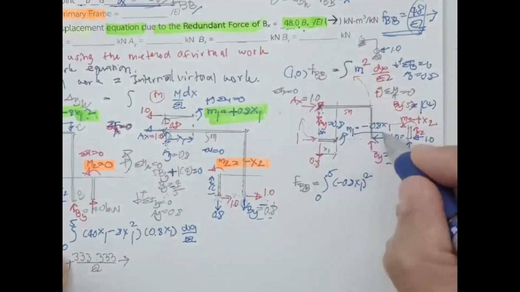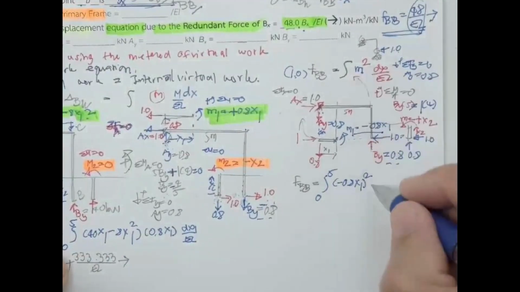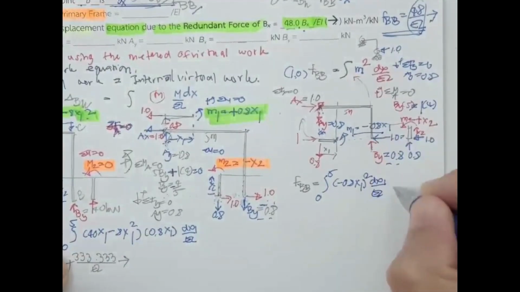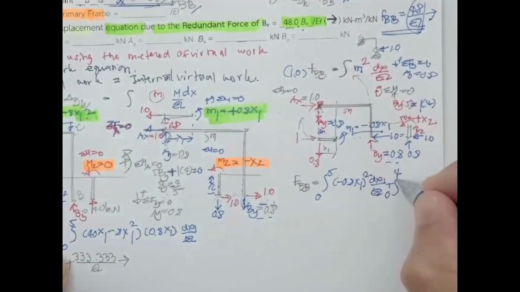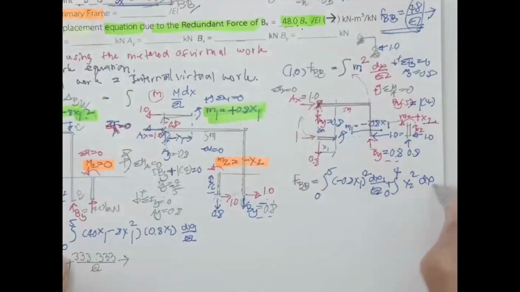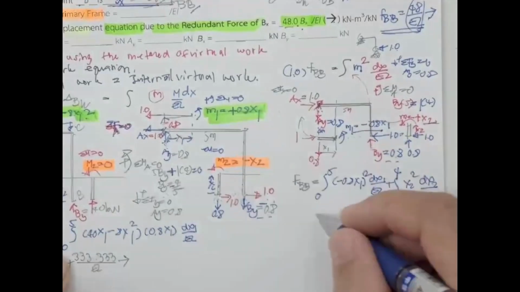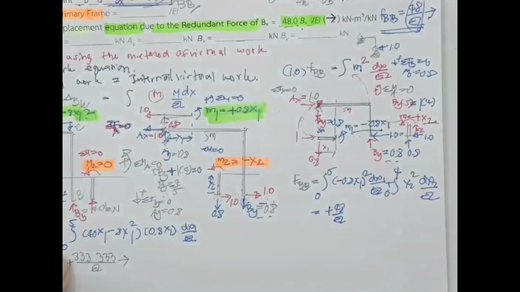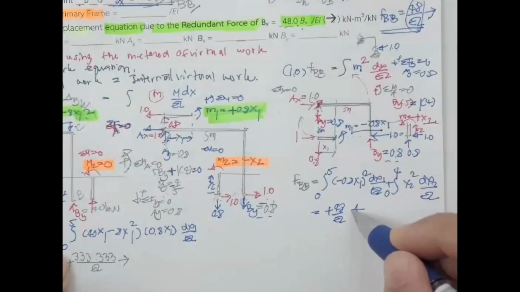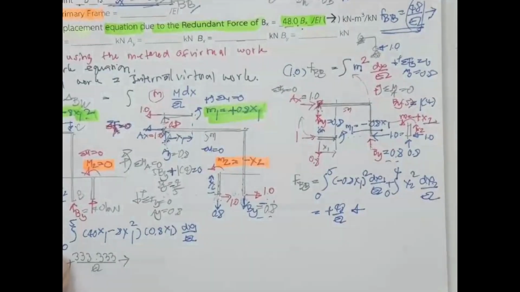This is going to be the term for this one, the x1 over EI, plus this one 0 to 4 and the term over here gonna be x2 square dx2 over EI. Just do the integration. You should have this one positive 48 over EI. So the deformation gonna be in this direction.